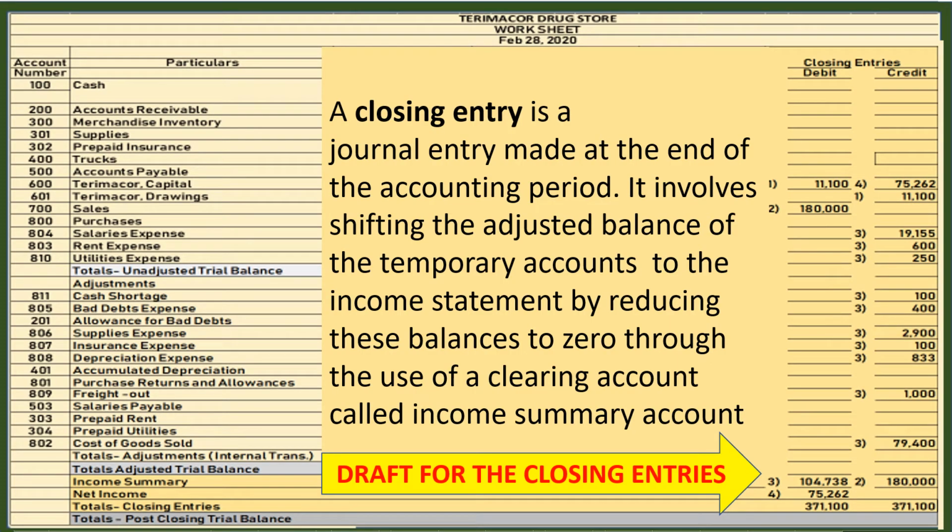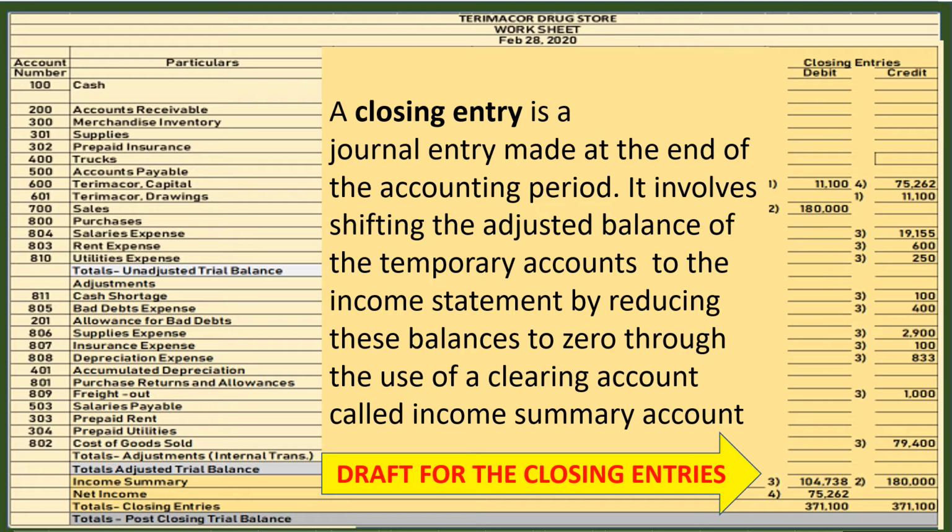So what then is a closing entry? From the adjusted trial balance, we're going to post the closing entry for each affected account. A closing entry is a journal entry made at the end of the accounting period. It involves shifting the adjusted balance of the temporary accounts to the income statement account by reducing these balances to zero through the use of a clearing account called income summary.